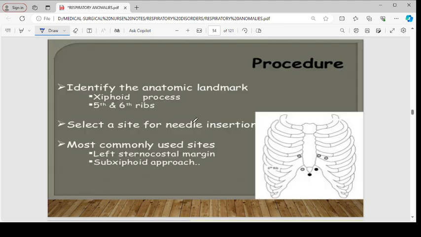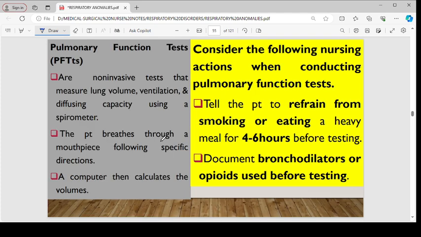Of course, identifying the landmarks, the xiphoid process and the fourth and fifth ribs, helps in selecting a site for needle insertion. But the most commonly used are the left sternal costal margin and the subxiphoid approach.